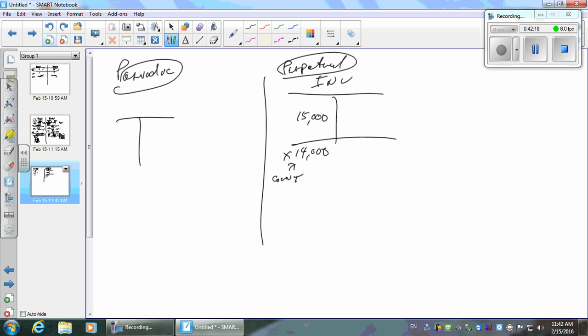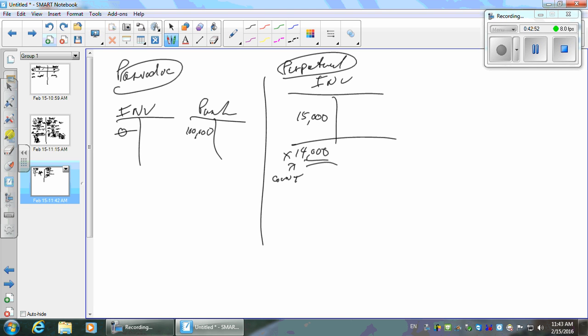So in periodic, I would have an inventory account. Before my adjustment, before I count it, it would be 0, wouldn't it? And then I'd have a purchases account with the 100,000 I bought. Now I go count and I find out there's 14,000, not 15. What do I need to do? Under periodic, I'd still do my inventory adjustment, but for how much?